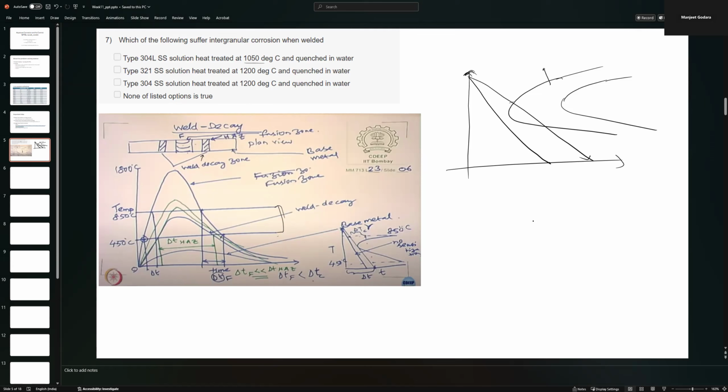It's just a matter of whether it crosses that zone between 450 and 850 or not. Yeah, I agree. But there is a fast method.